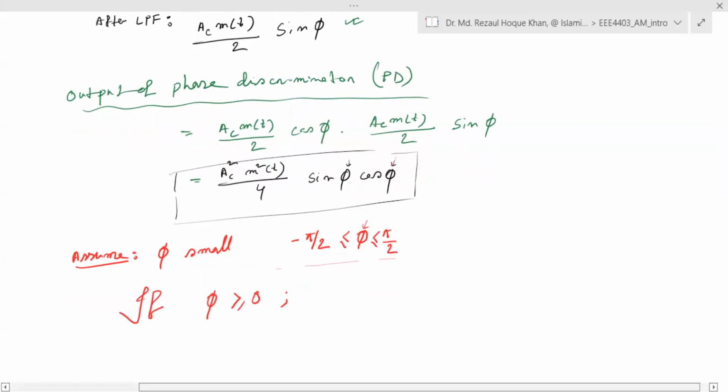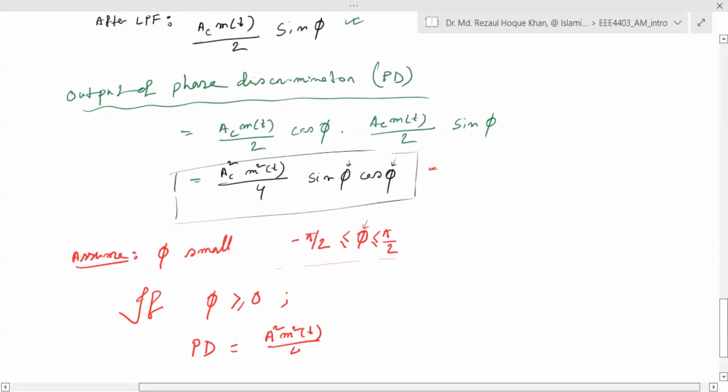We have the phase discriminator. The phase discriminator, what do we have? This value, this one. So let us see: A square m square t.